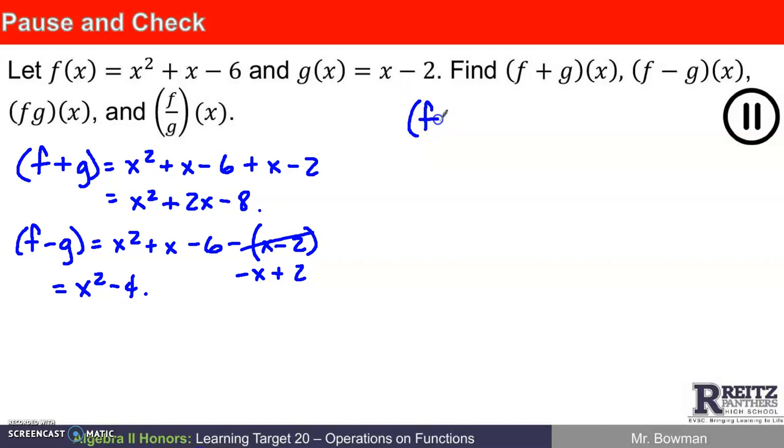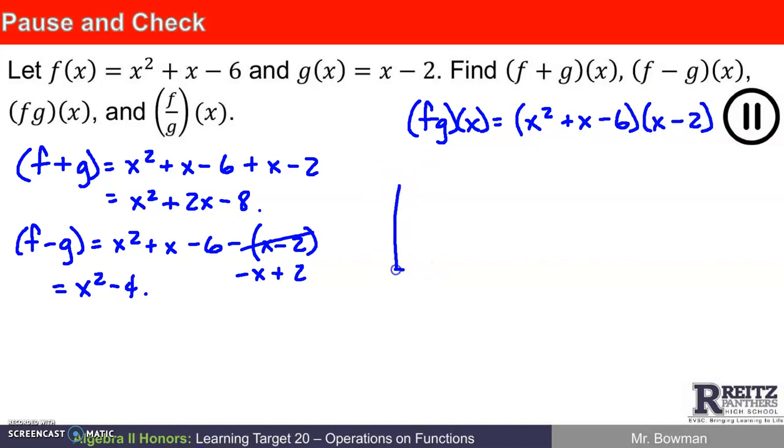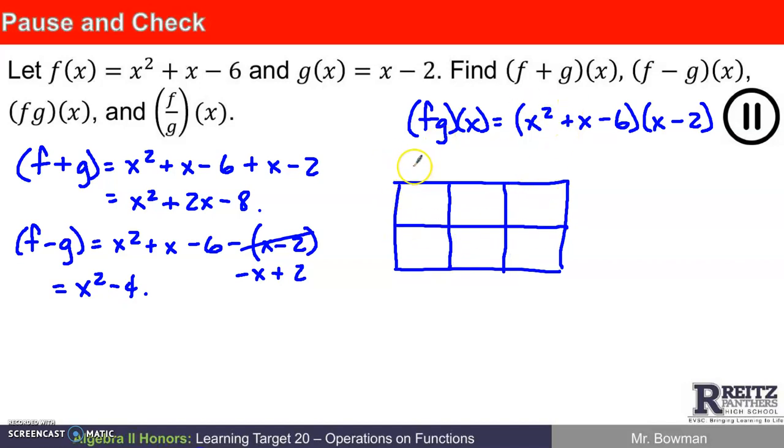For f times g of x, here's where I need x squared plus x minus 6 times x minus 2. I really am a box multiplier. That area model works so well.